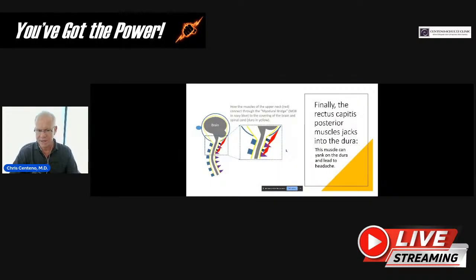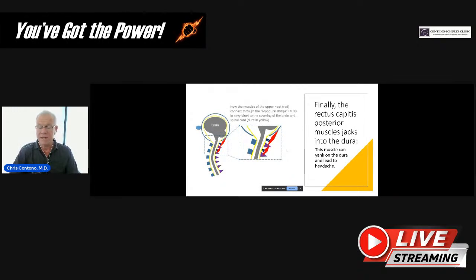One of the things that's really interesting about these muscles is the myodural bridge. The myodural bridge is what connects the muscle into the dura. In particular, the rectus capitis posterior minor is connected into the dura, or the covering of the brain.